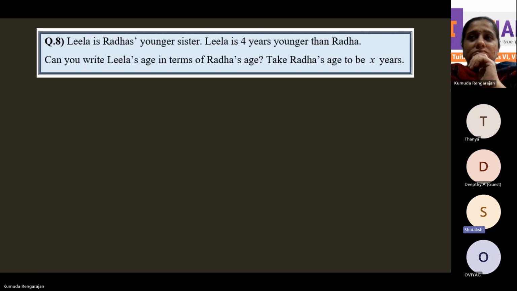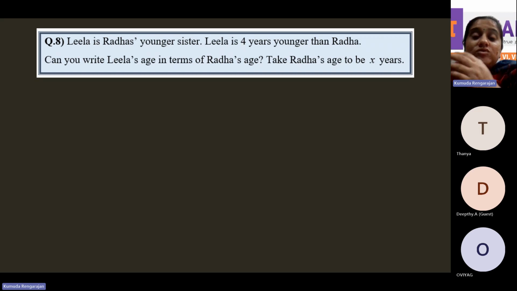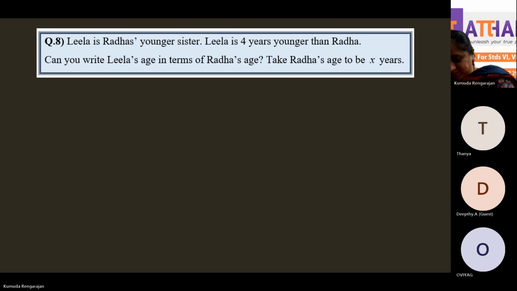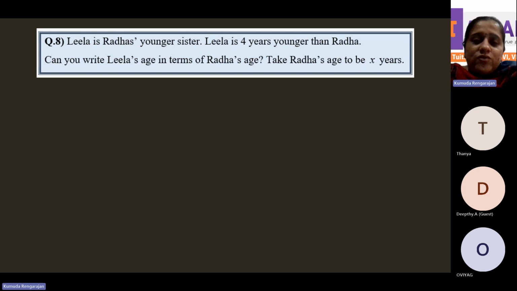She'll be 9. You are 12 years old. You have a friend who is 4 years younger to you. What will be the age of that friend? 12 minus 4, 8 years, right?